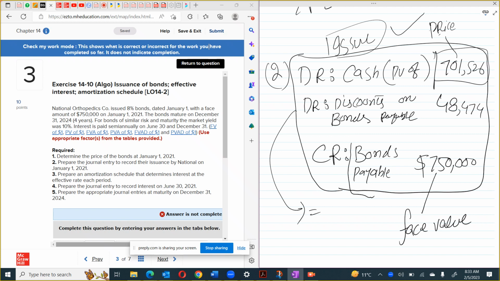Now I have made the entry at issuance. Now the third step is, I need the table. I need the cash interest. Sorry, first is date, because dates are very important.